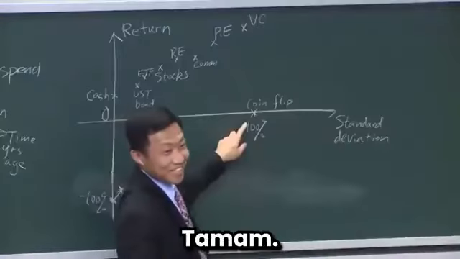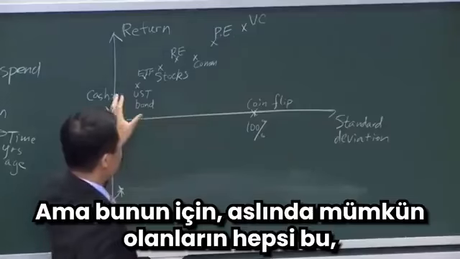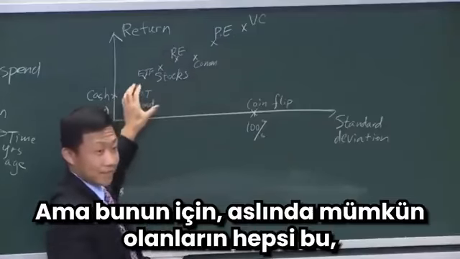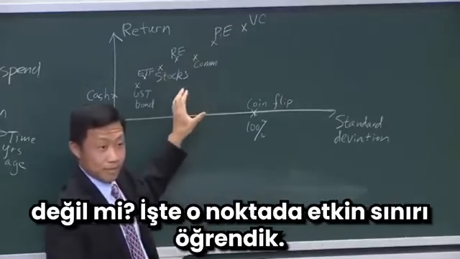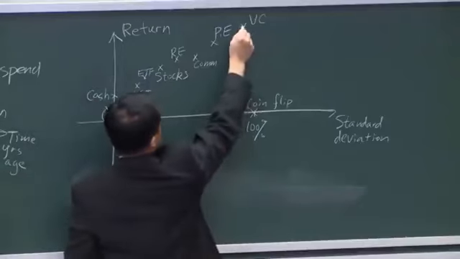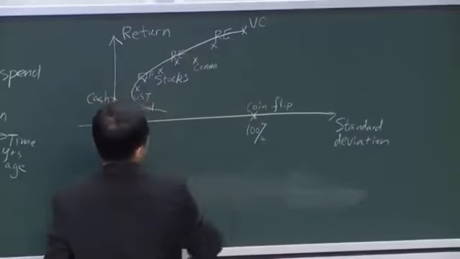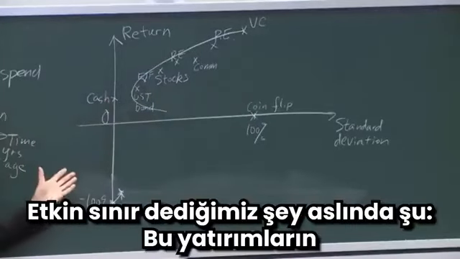So will you pick this one? Will you pick this one? Okay, so then eliminate those two, but for this, that's actually all possible, right? So that's where we learned about the efficient frontier. So what is the efficient frontier?